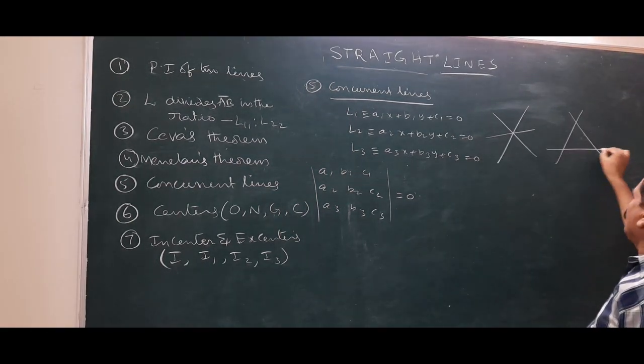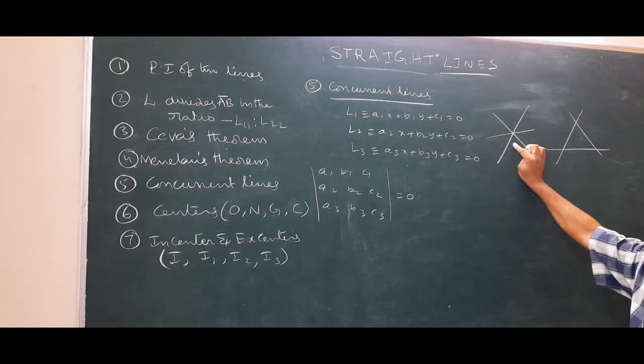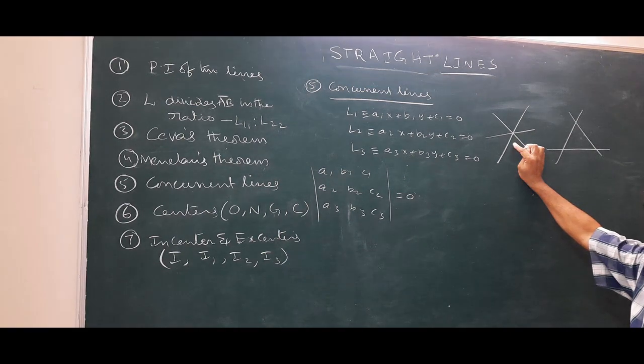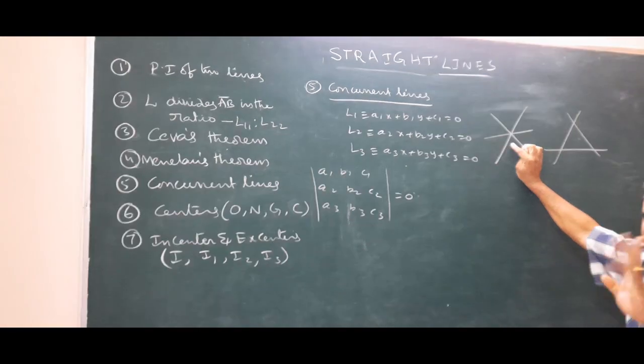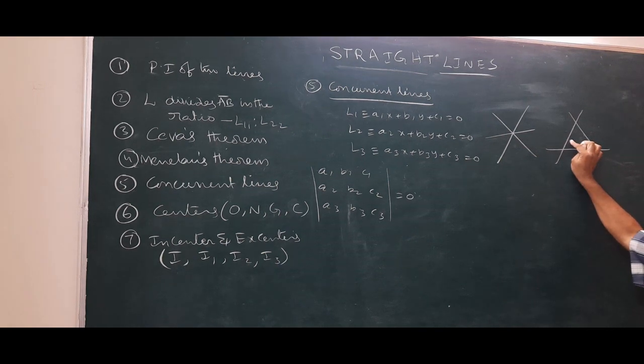These are called not concurrent. Concurrent means passing through one point. Three or more lines passing through one point are said to be concurrent lines. These three are not concurrent. Non-concurrent three lines form a triangle.